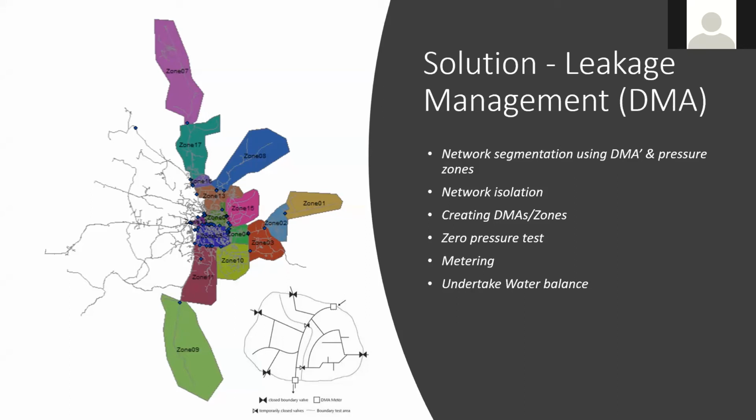So the DMA basically takes an area and looks at the pipes that define that area. And then we try to isolate the area by closing valves that allow water to move into the area. Or in some cases, when it's necessary, we completely remove a line.